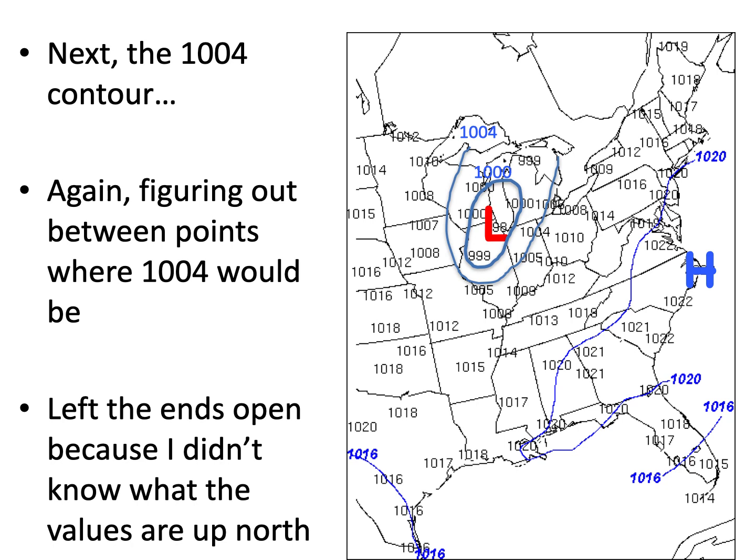I don't continue it all the way around. Oh, looks like I should have drawn the 1,000 millibar contour up and around this 999 in northern Michigan. But you notice that I leave it open because we don't have any data for Canada at this time, and that's fine, but make sure you label it so that you understand.